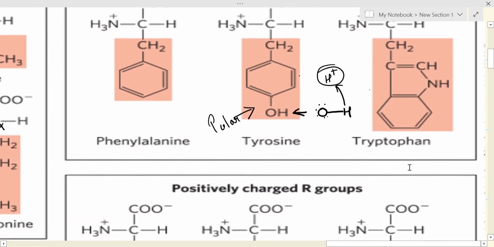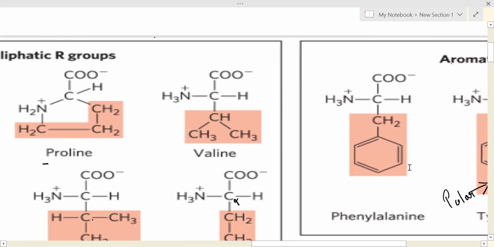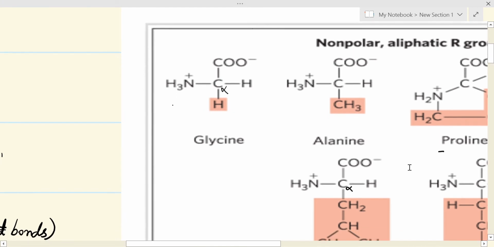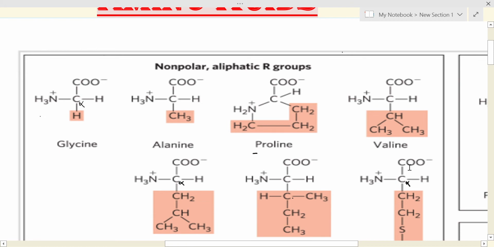Tryptophan is non-polar. As you can see, there is no ionizable group. And one more thing, if we exclude the R group, every amino acid has 2 common polar groups which are always ionizable and always polar in nature, and these are our functional groups, that is COO minus and NH3 plus.